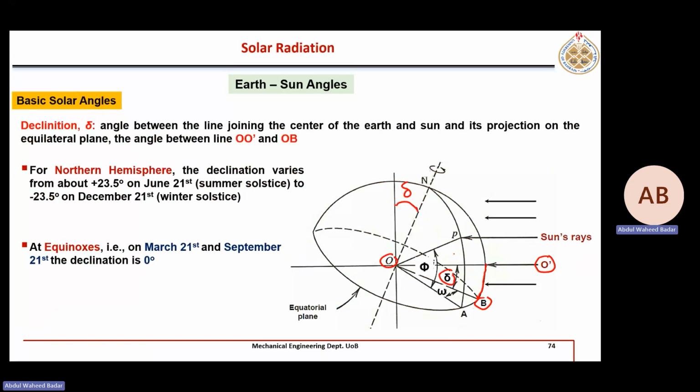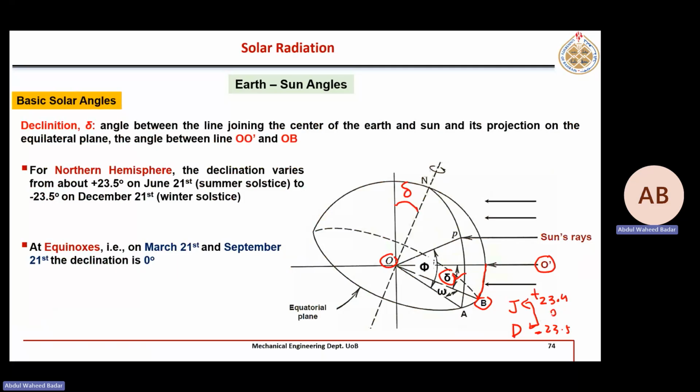So the angle between OO dash and OB is called the declination angle, and that tilt will be maximum in June or December, right? So between June and December, this declination angle will be changing. As we discussed in the last lecture, that will be 23.4 degrees, and in between it will be 0. For June, we take it as positive. For December, we take it as negative.